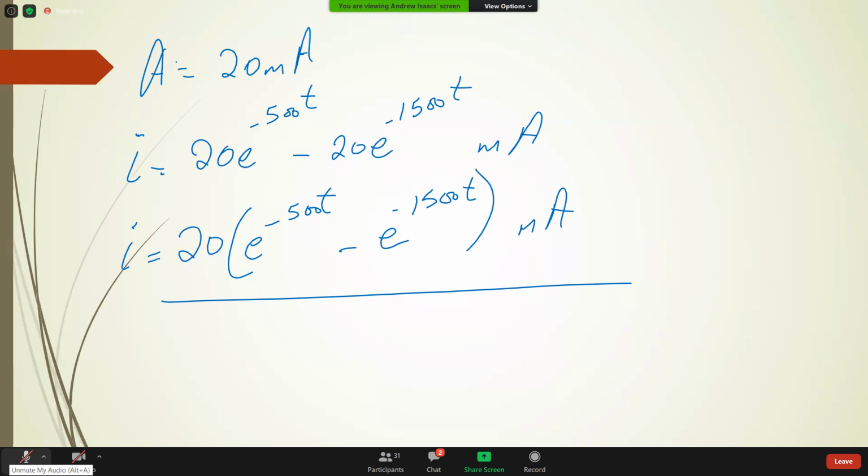So that's the first question. Determine the maximum value of the current. And then secondly, I want you to sketch the current waveform.